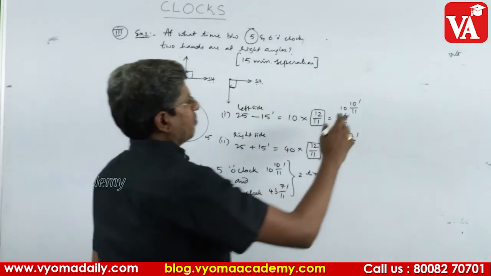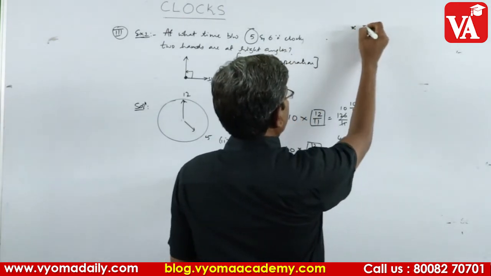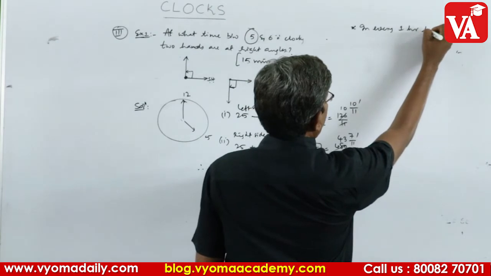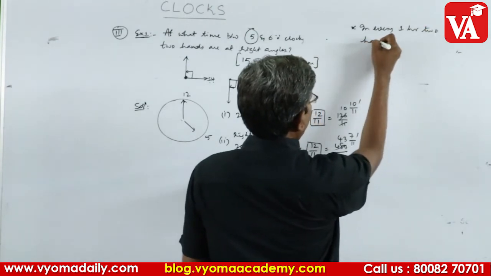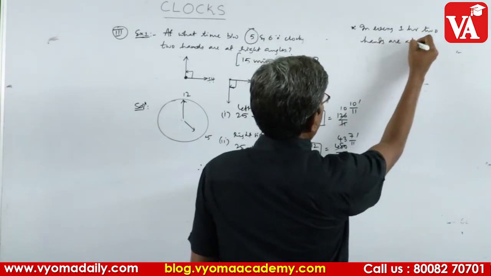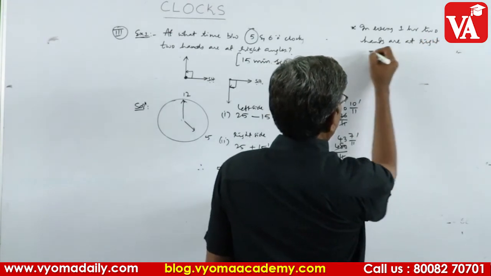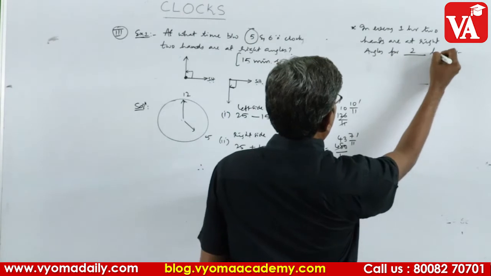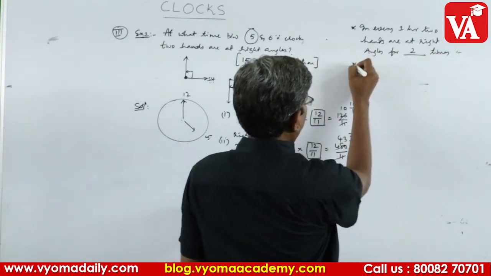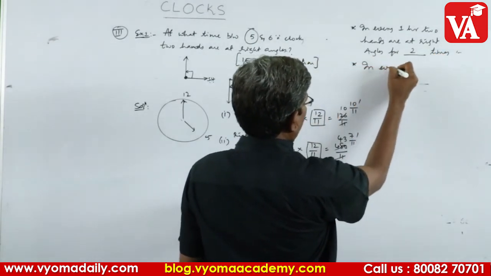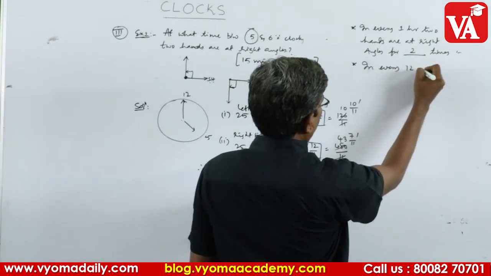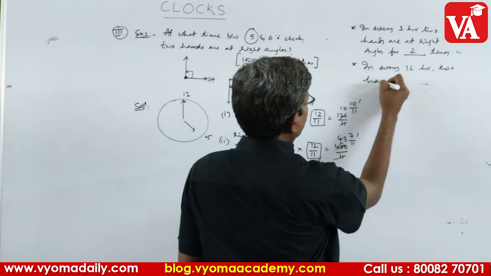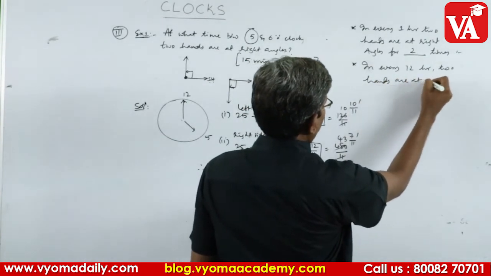So immediately you can make the conclusion here. In every 1 hour, two hands are at right angles for how many times? For 2 times. Now the question: if you go along the same line, in every 12 hours, two hands are at right angles for how many times?